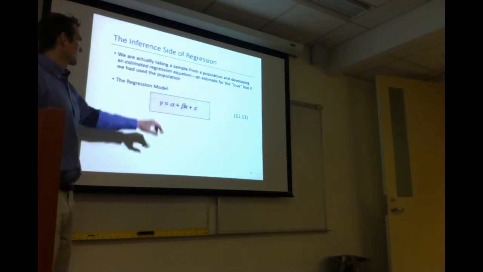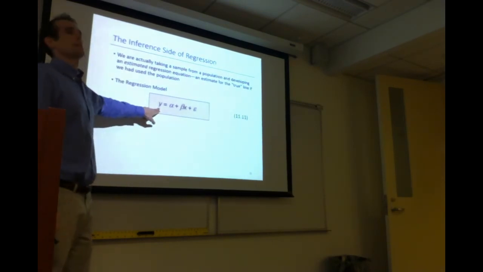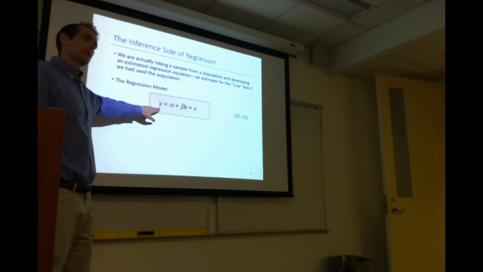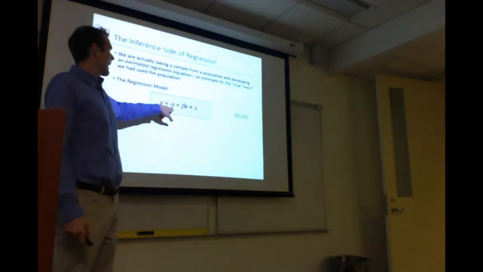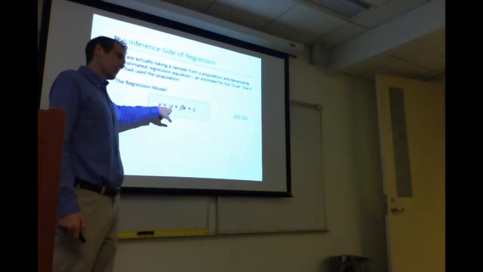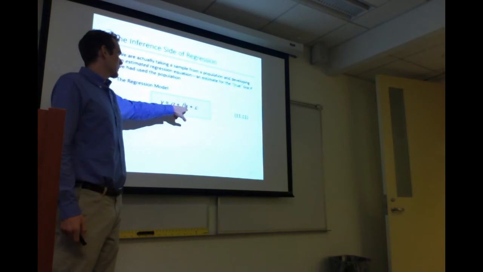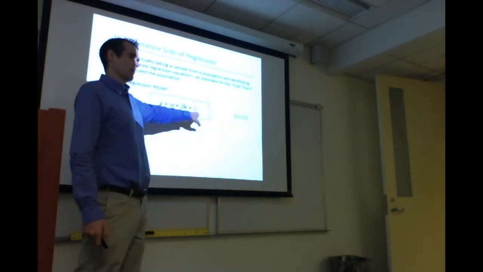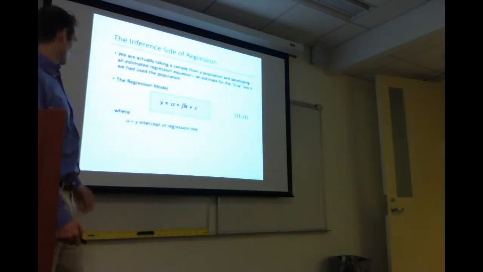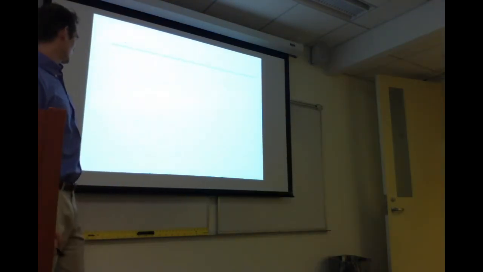The regression model, y, which is the actual dependent variable, say money spent online, is going to be the population y-intercept, plus the slope times x, and there's going to be a certain amount of error in this term. A couple things have been introduced here.